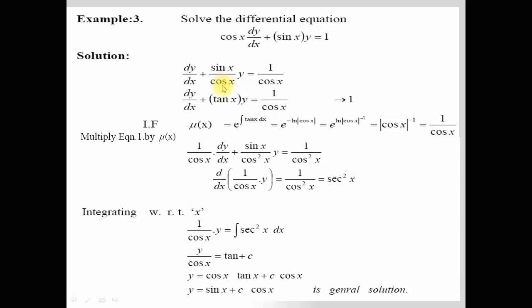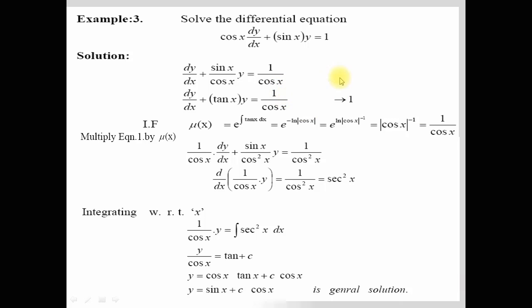The solution of the linear differential equation will be integral factor times y is equal to integration of integral factor times the q function. 1 over cos x is the q function, so in the integration of integral factor times q, the integral factor is 1 over cos and the q function is also 1 over cos.